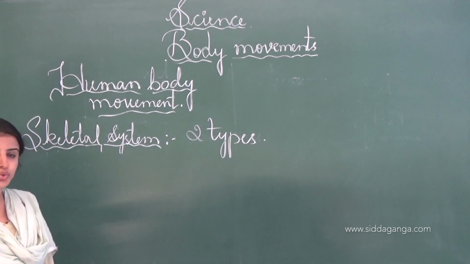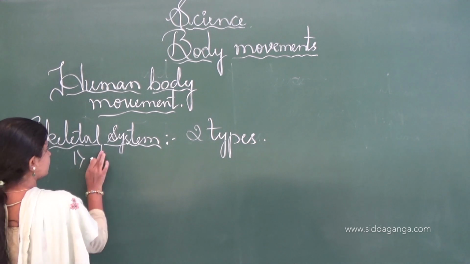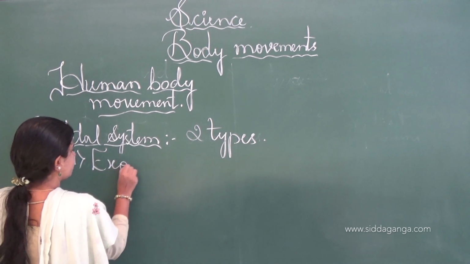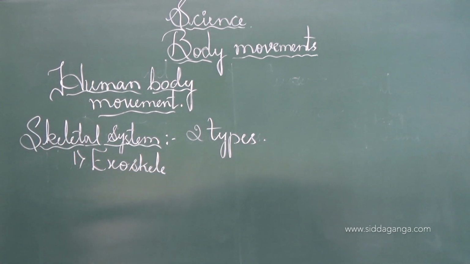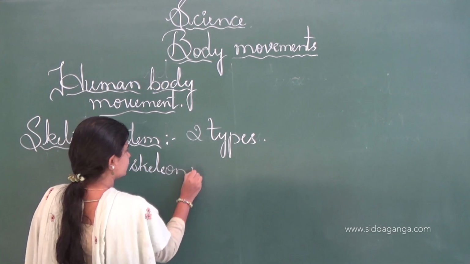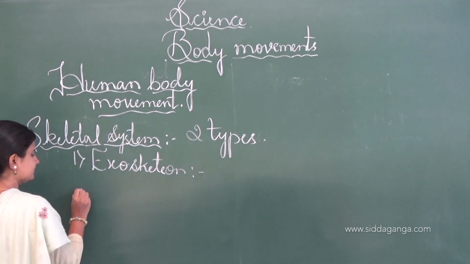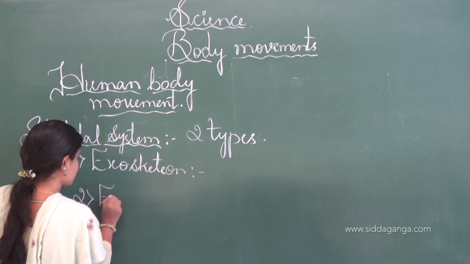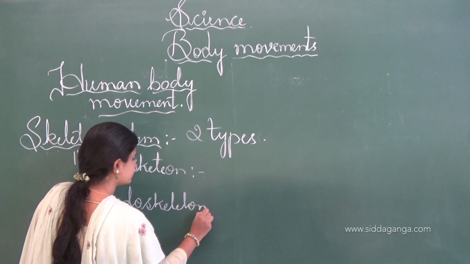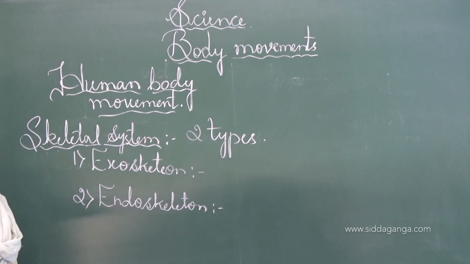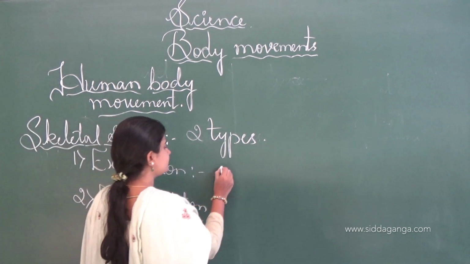Skeletal systems are of two types: one is the exoskeleton and another one is the endoskeleton. Exoskeleton are those where some living organisms have the skeleton on the outside of their body.